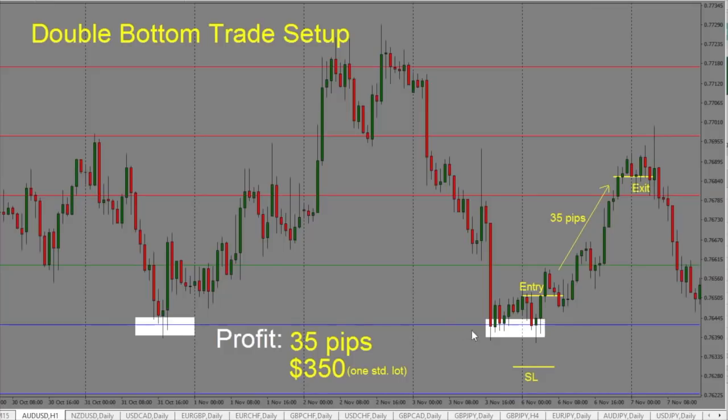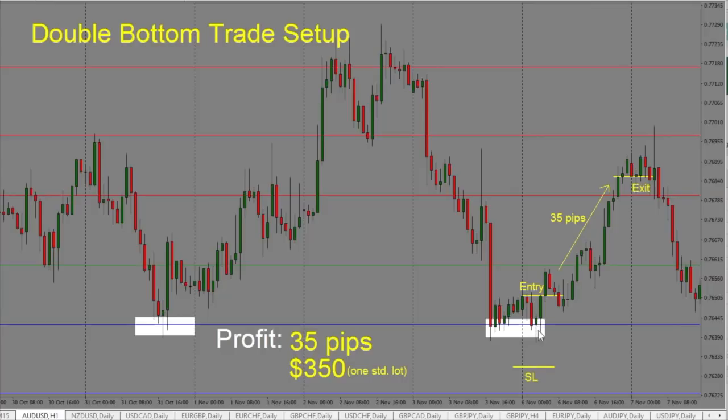Once we see the price not being able to break below this previous support or resistance level, this is a good place for us to enter the trade. So these two together form our double bottom trade setup. So this is an intraday double bottom trade setup. In this case, as the price is consolidating here, what we want to look for is a good candle that shows us that price is likely to continue higher.